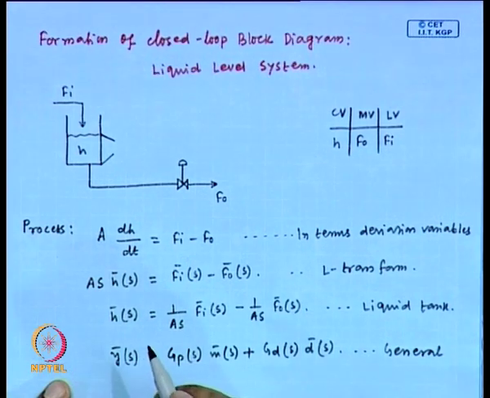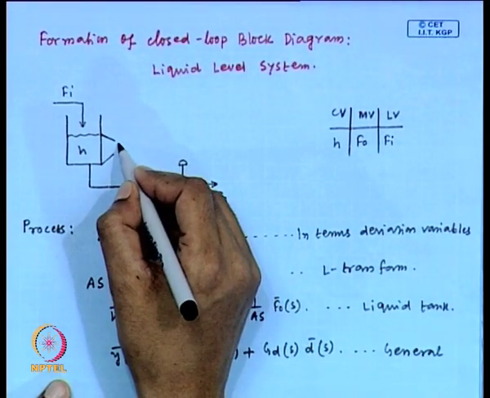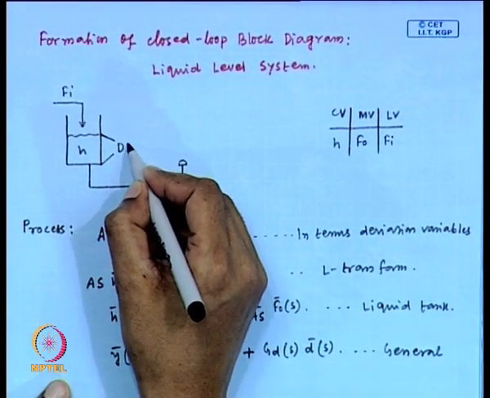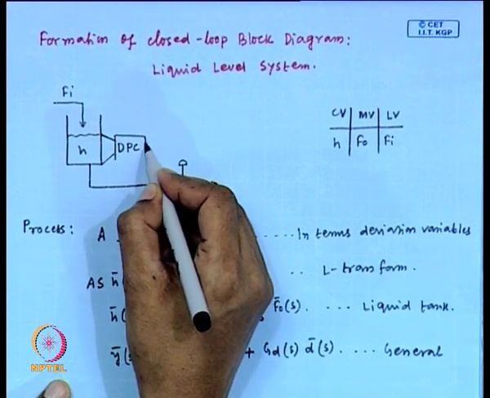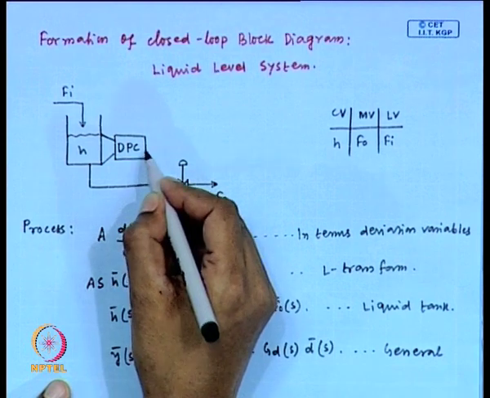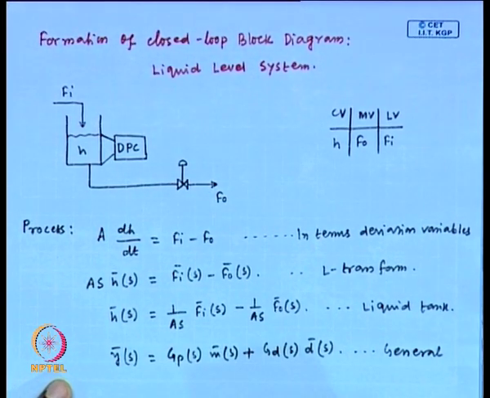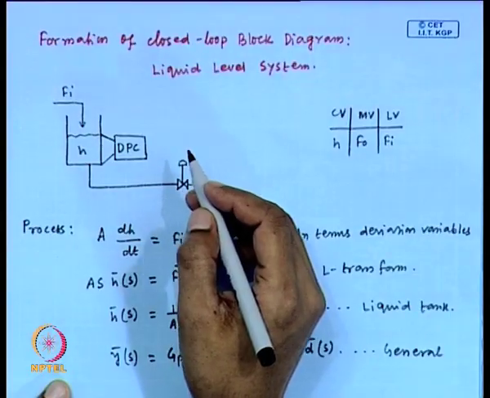Sorry, first we need the measuring device. To measure this liquid height, the differential pressure cell (DPC) is extensively used as a sensor.